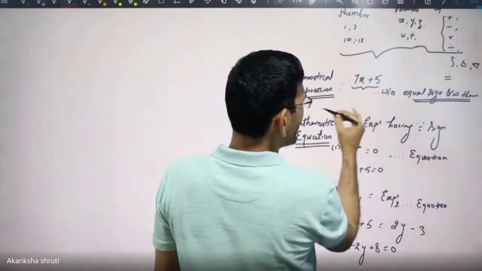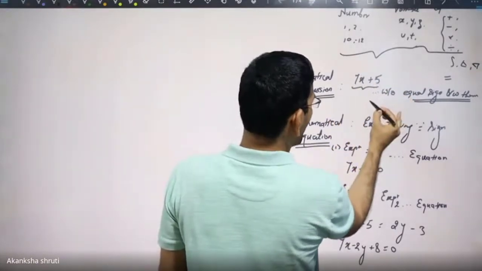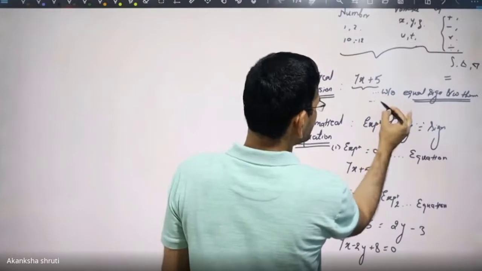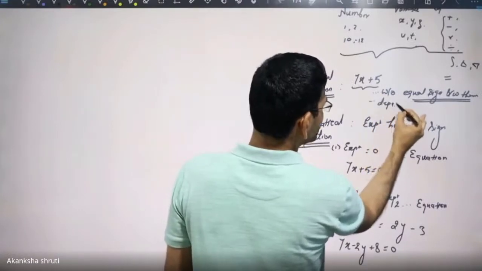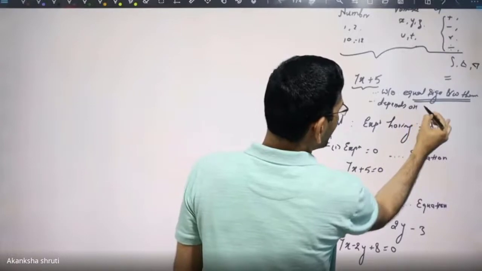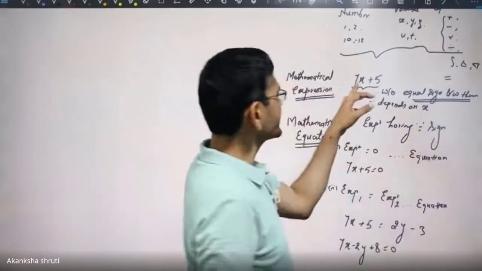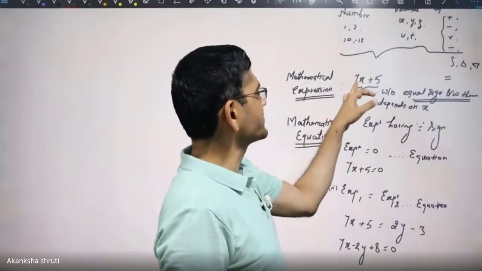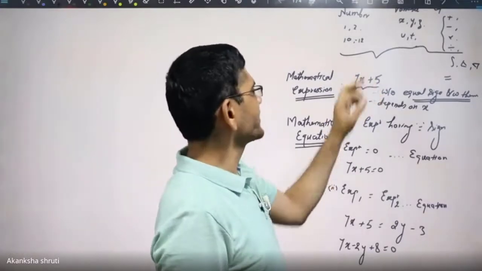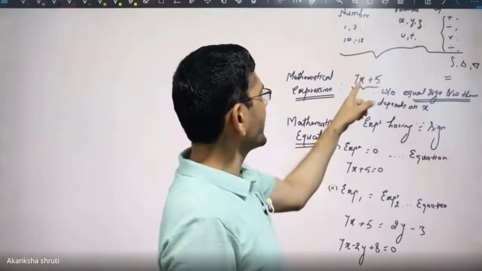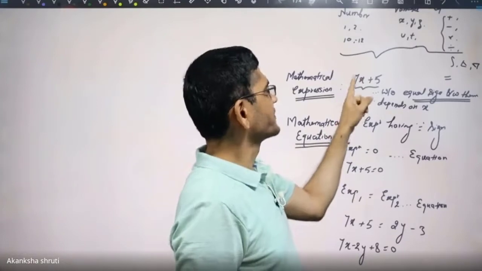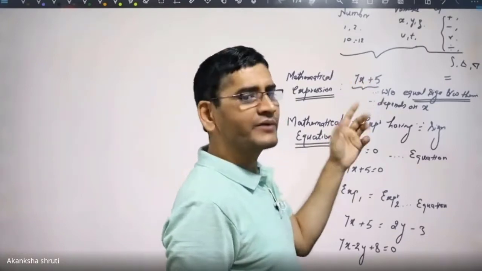7x plus 5, it depends on x, so its value depends on x. Example, if we are taking x value as 1, it becomes 7 plus 5, it becomes 12. If we are taking x value as 2, it becomes 7 twos are 14 plus 5, 19.